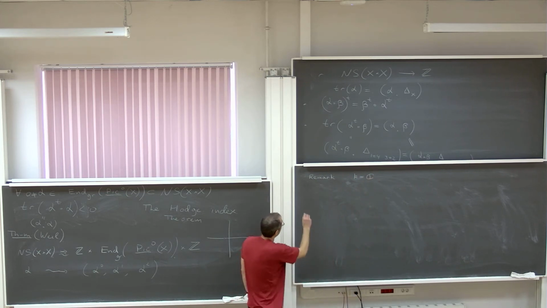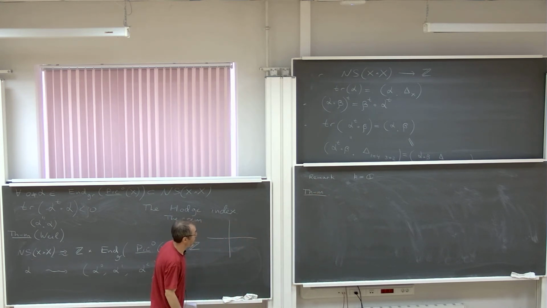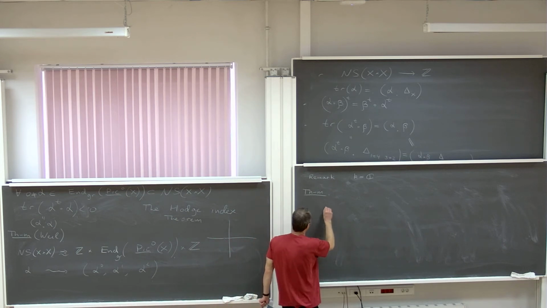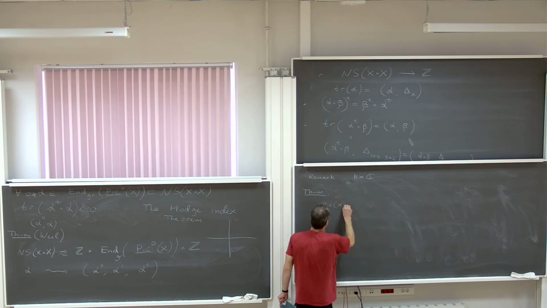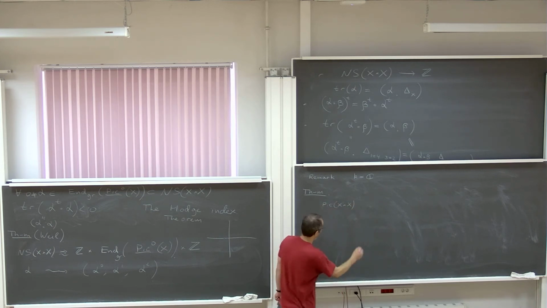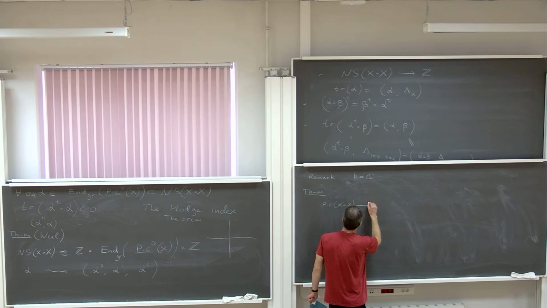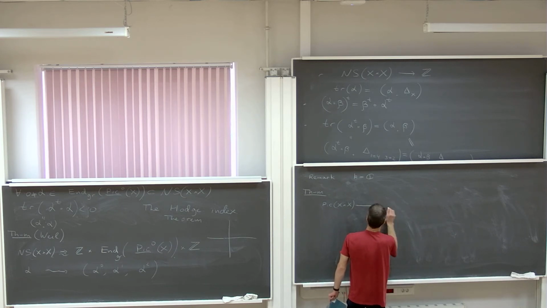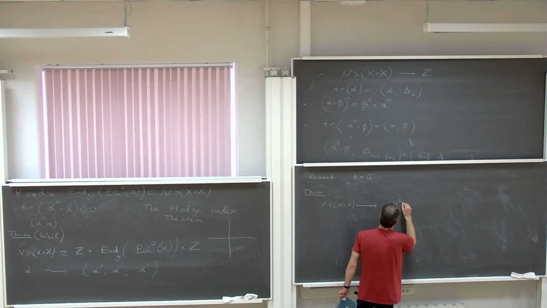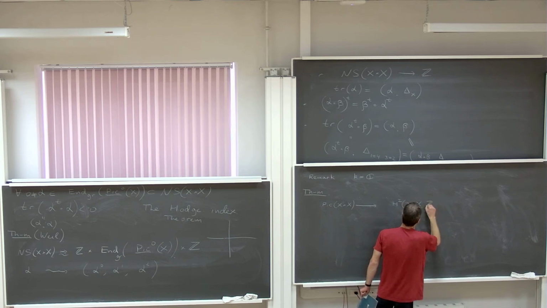So then I have the following theorem. Let's look at the Picard group of X times X. From the Picard group, I have the Chern class map, the map that assigns to every divisor class, or every line bundle, its first Chern class, to H2 of X times X with integer coefficients, right?